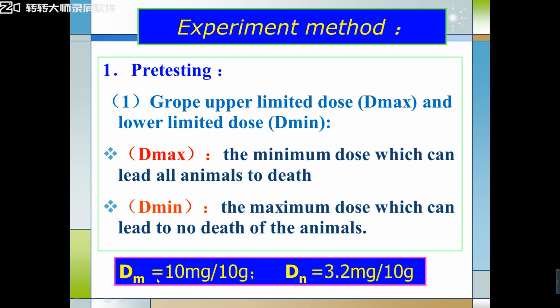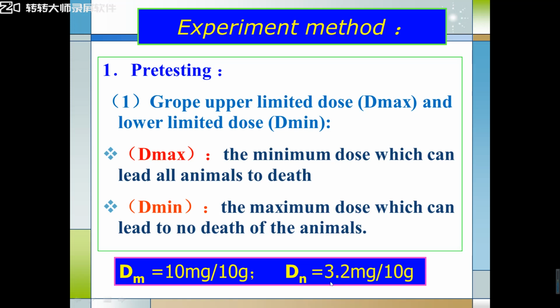Compared to Dmax, in the pretesting we have also obtained the Dmin. The Dmin of dipteryx is equal to 3.3 mg per 10 gram. 3.2, 3.3 mg can lead to no death of the animals. So from the definition of Dmin, if we use 3.4, 3.5, 3.6, the death rate is increased.